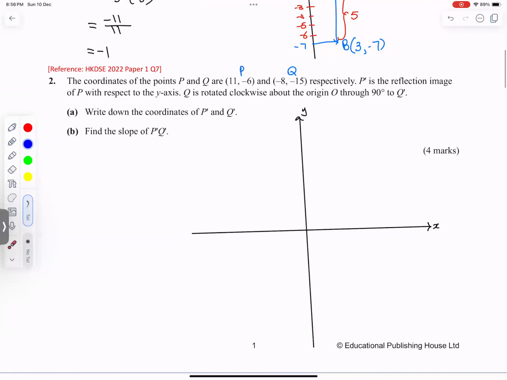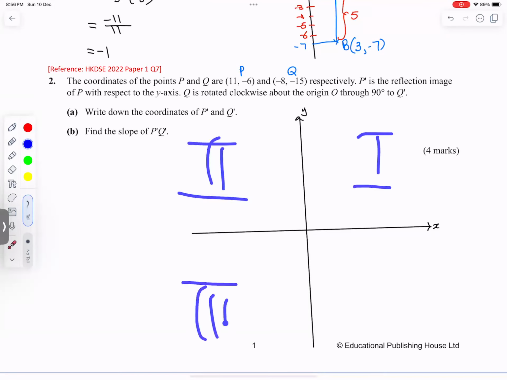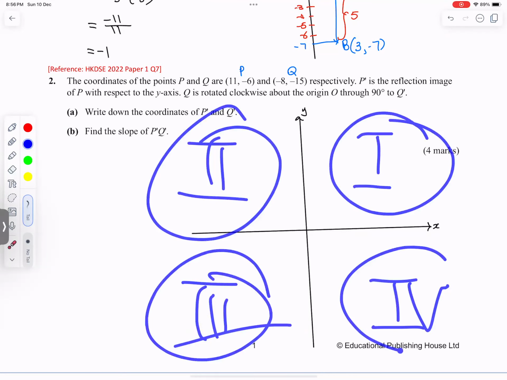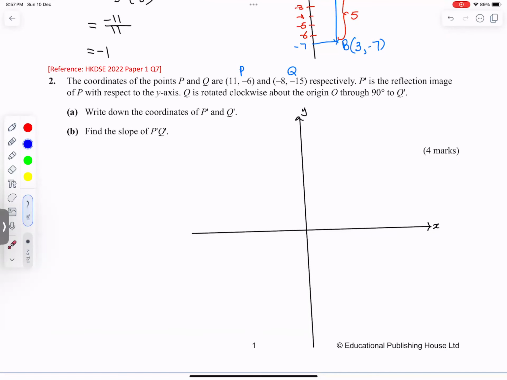Oh, continue. So in this graph, where's the P and then where's the Q? 1, 2, 3, 4. We call these quadrants. So quadrant 1, 2, 3, 4. Where will this P be first of all? Two.